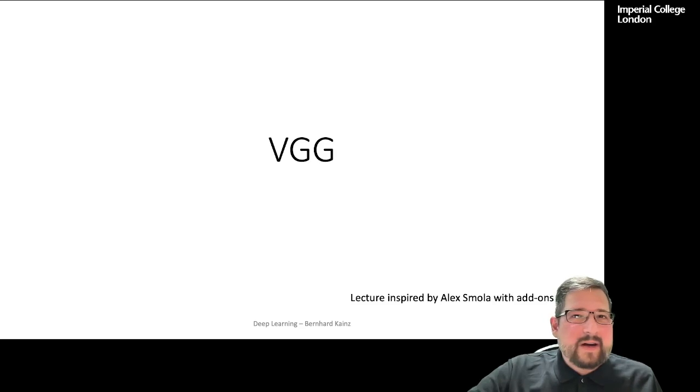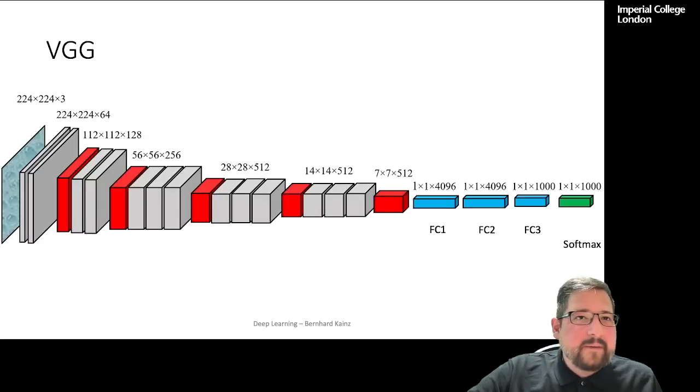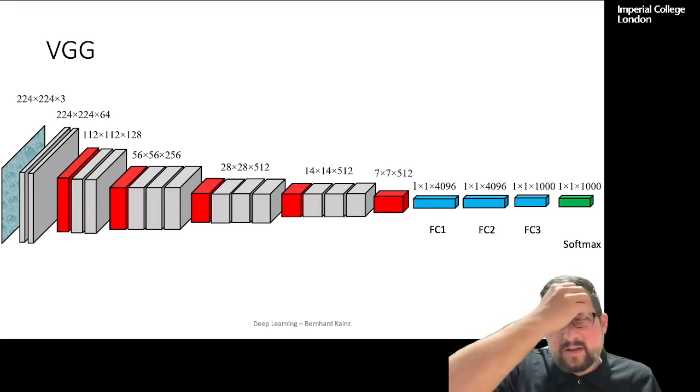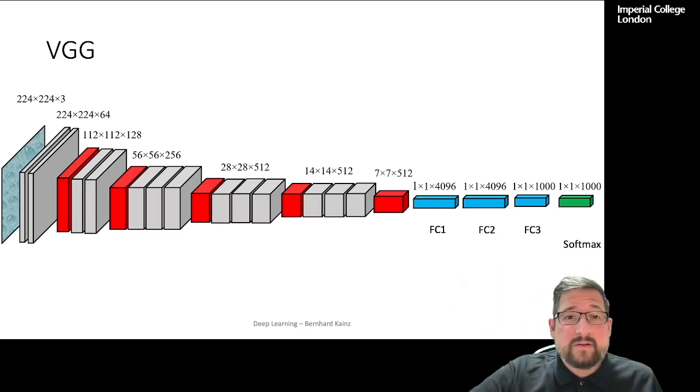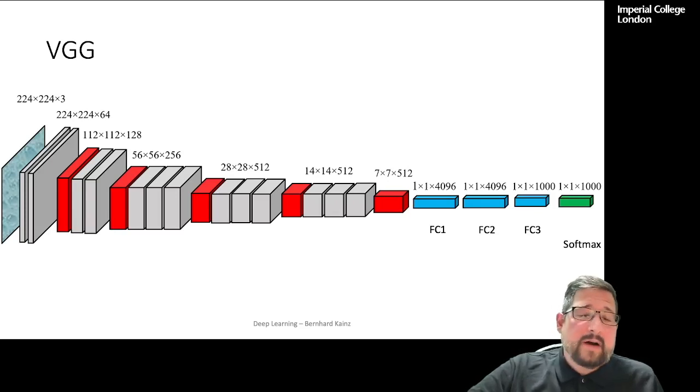Now, a further advancement was the VGG network, named after the VGG group in the UK. The way VGG works, and it's still a big backbone of a lot of feature extractors, has been developed by the University of Oxford Visual Geometry Group, and it took inspiration from AlexNet.